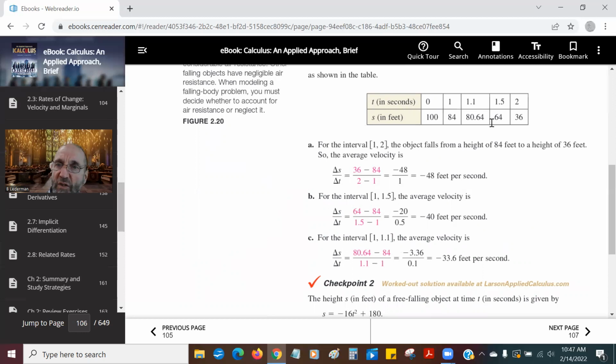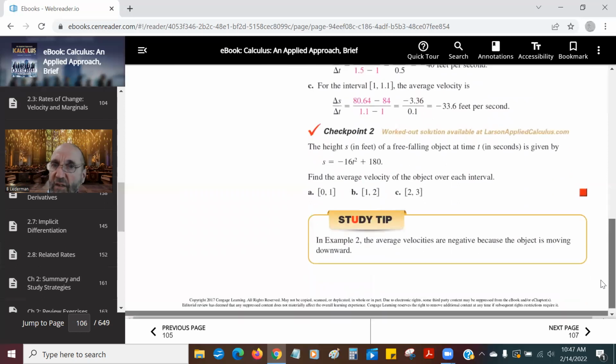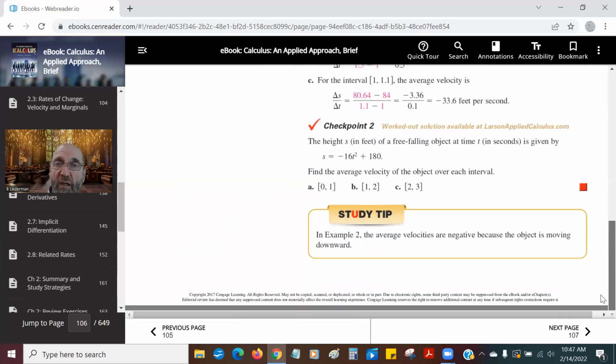Again, you just look at the values on the chart. And for 1 and 1.1, it's 80.64 minus 84 over 1.1 minus 1, which comes out to negative 33.6 feet per second. And that's how the numbers crunch out. Alrighty.